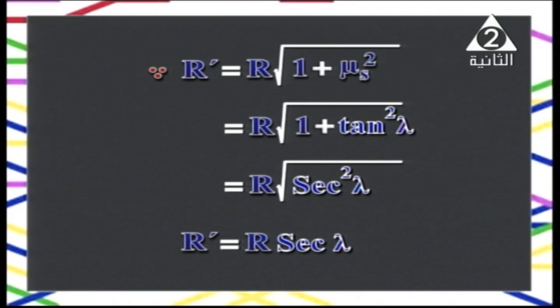Then we can deduce sec lambda equals R dash over R. Why? Because R dash equals R sec lambda. By using cross multiplication, we deduce that sec lambda equals R dash over R.